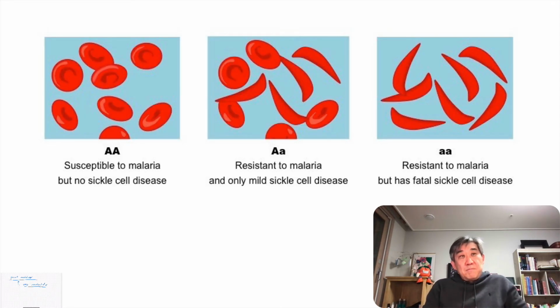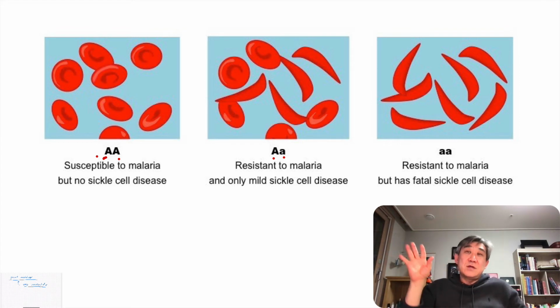Here, the two big letter A's signify two dominant, non-mutant, normal beta globin alleles. The one little a signifies the sickle cell mutant, and the other is the so-called normal. I should be careful about referring to normal, but for the sake of convenience, let's put it as normal for a moment. So in this case, it's a heterozygote.